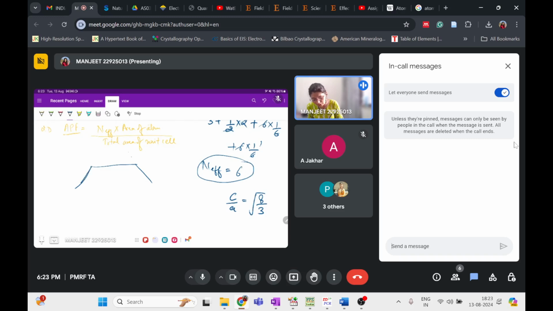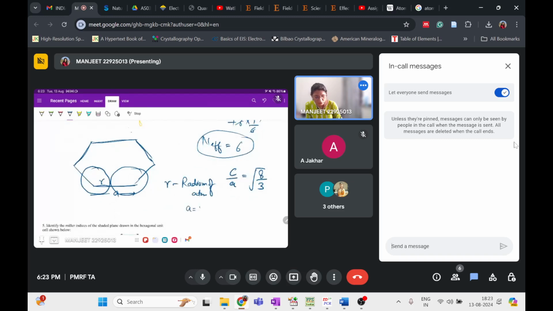So if I see the plane of this hexagonal plane of the HCP, this is my A distance, and my atoms are sitting like this. I mean this A distance is covered by two atoms. So if R is the radius of the atom, this A will be my 2R.